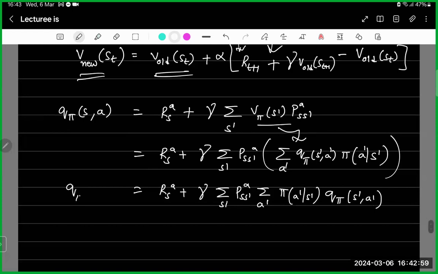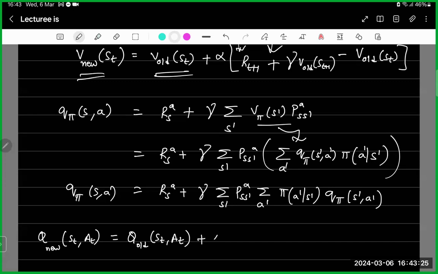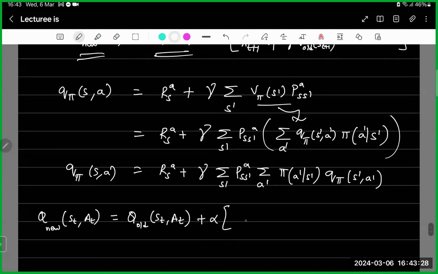Now we'll first write the generic template for our update rule. What is our generic template? Q new of S_t, A_t equal to Q old of S_t, A_t plus some small constant times our new estimate minus our old estimate of S_t, A_t.